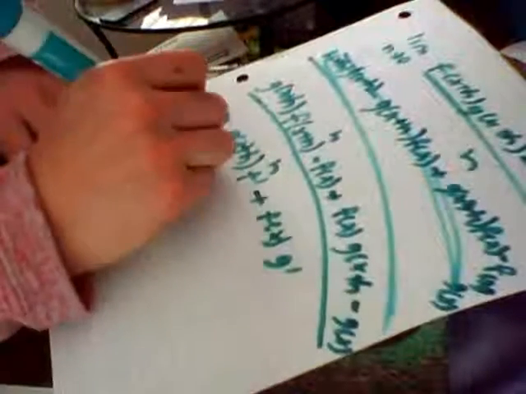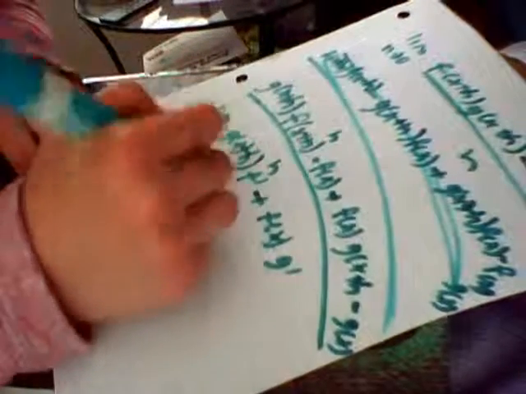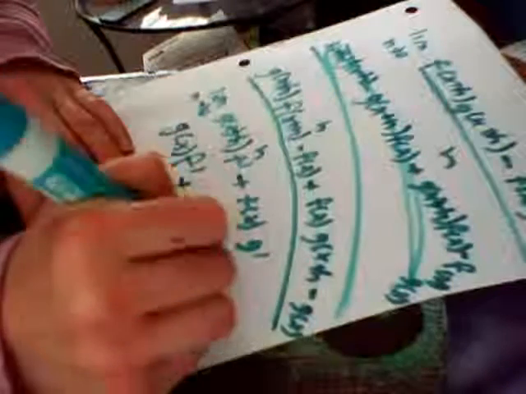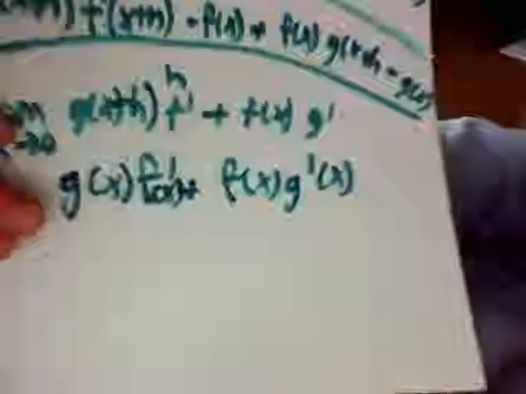I just did it to save room. You can't write f prime with the limit. So now we cross out the limit and plug in 0 for h, and you will literally get exactly what the product rule is, which is g of x times f prime of x plus f of x times g prime of x. Like that. So yeah, there's the product rule.